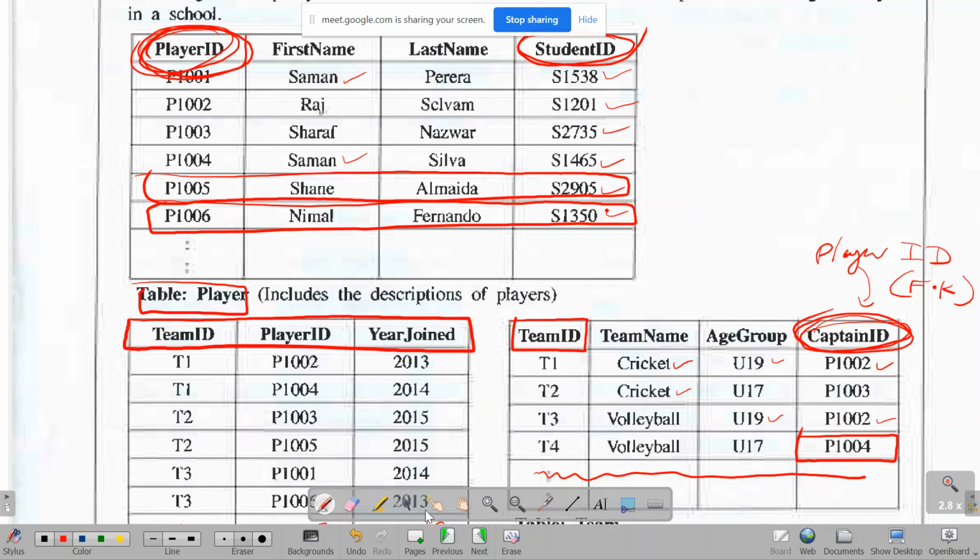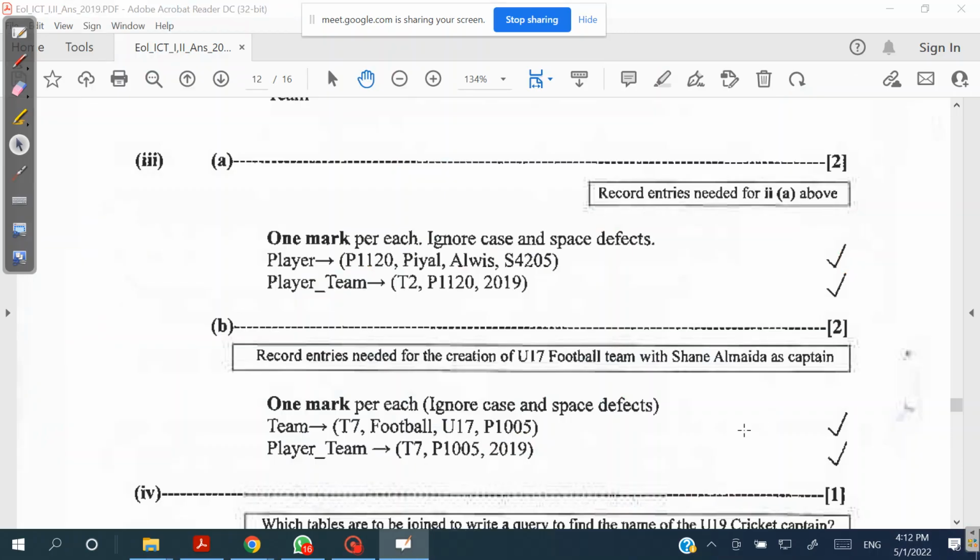Then 2019 must be the starting or the join year, right? So that is why these two are there. T7 football under 17 P1005. In player underscore team, it's T7 P1005 2019 must be there. So 2 marks for that as well.